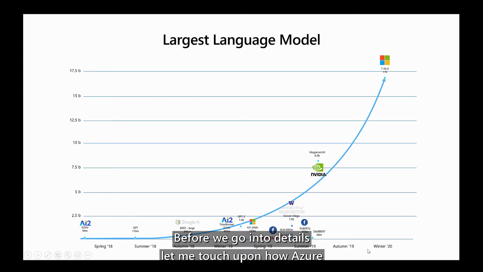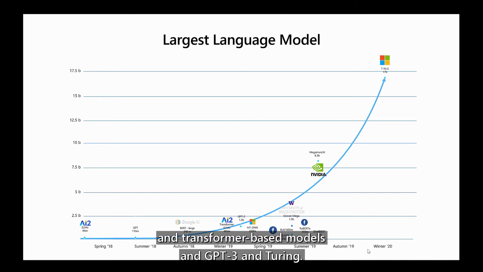Before we go into details, let me touch upon how Azure is the number one cloud in terms of the language offering. If you are tracking the recent developments in the area of language or artificial intelligence in language, then you might be hearing things like BERT, transformer based models, GPT-3 and Turing.